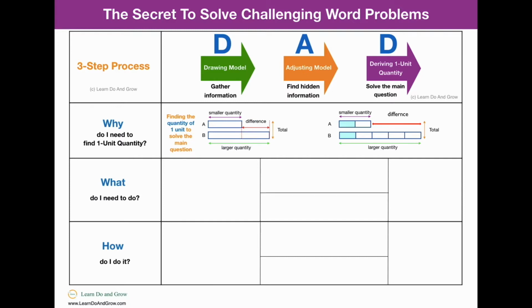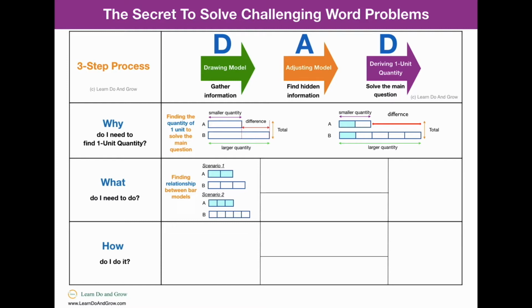But the challenge is this. The question is not so straightforward, and they give you this type of model. So what do I need to do? You need to find the relationship between models. It's as simple as that. You don't need to identify any question type or know which scenario it is.